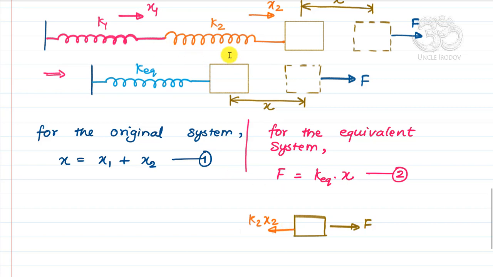Let us draw the FBD of the orange spring, and let us draw it here somewhere. So here is the orange spring, and the orange spring will be acted upon by a force on the right hand side because of the block, Newton's third law. So the spring was exerting K2x2 on the block will be exerting K2x2 on the spring. So there will be a K2x2 on the right hand side. This is by the block.